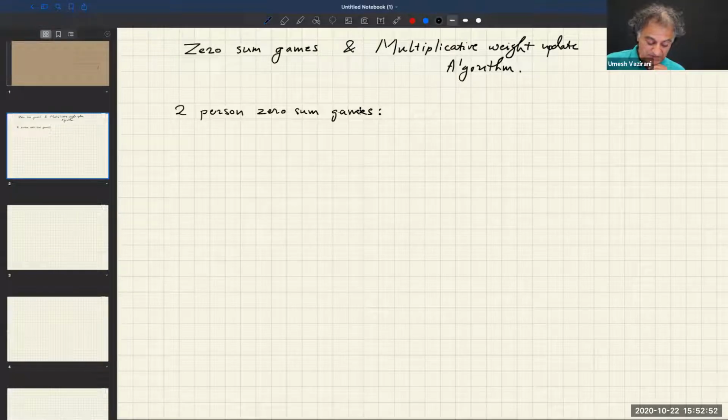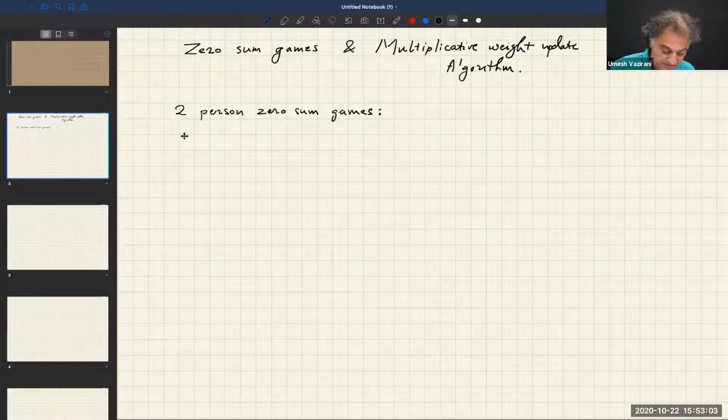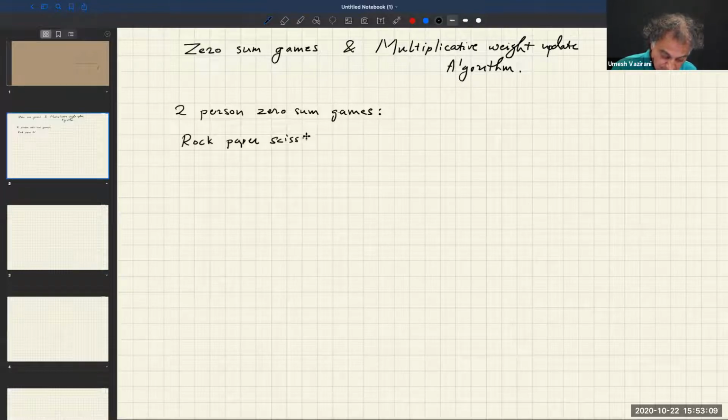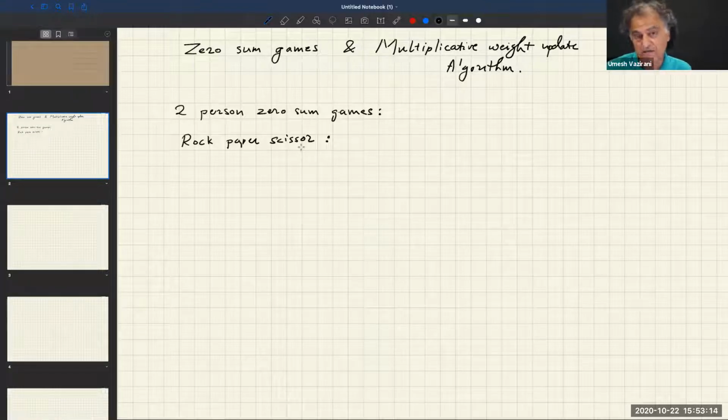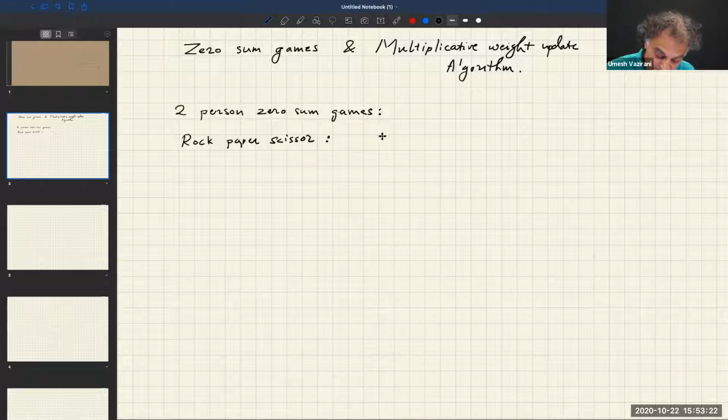So probably the most iconic two-person zero-sum game is rock, paper, scissors. And to describe the game, I'm not sure if you realized this when you played the game, but the way to describe it is by a matrix.